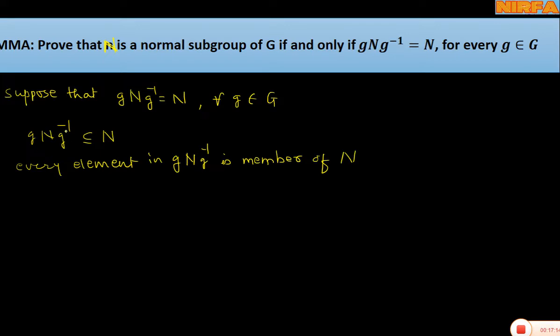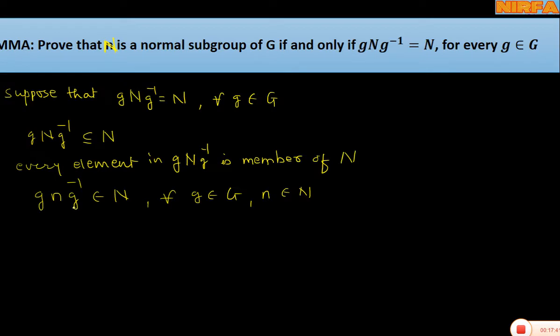Now, this is a set, that's why I am considering a particular element g, and the element from N denoted by small n. g n g inverse belongs to N. And this is true for every element of capital N and every element g from G. So this is true for all g belongs to G, and for small n belongs to capital N. And if you observe that, what is this?